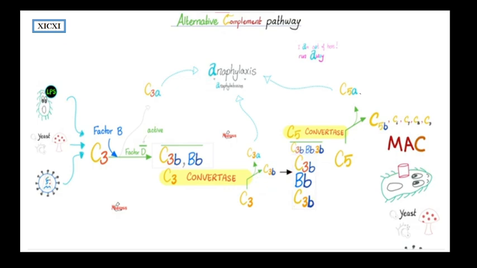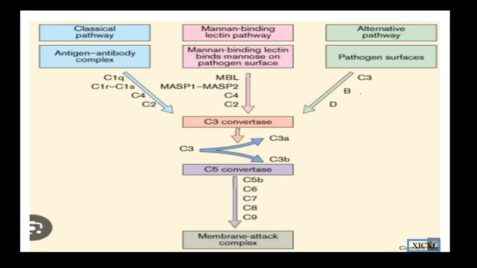So, in summary, these pathways, as you are seeing here, are going to be activated according to the nature of the pathogen. If the pathogen comes and forms an antigen antibody complex, which cascade is going to be activated? Yes, it is the classical pathway, because you are having an antigen antibody complex.